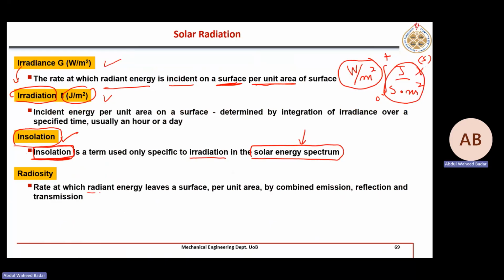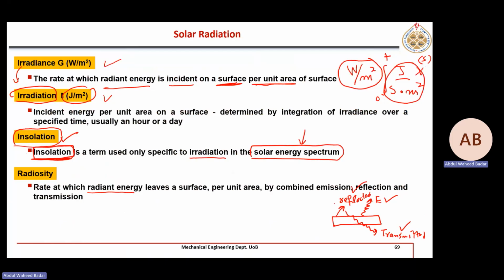Then there is a term which is called radiosity in radiation. This is the total radiant energy that leaves a surface. For example, there is a surface. It is emitting radiation. It may be reflecting radiation. It may be transmitting radiation, right? You already know the difference between these three: reflected, emitted, transmitted.